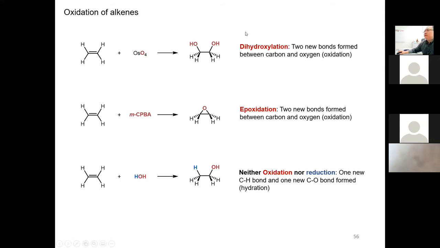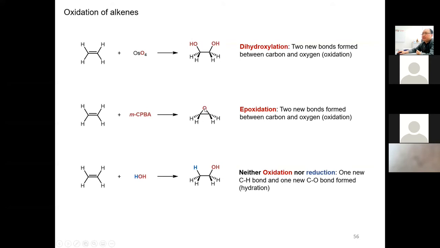If we classify these oxidation reactions, it is different from the reduction because two new bonds are formed between carbon and oxygen, which is more electronegative. So the carbon becomes bonded to a more electronegative atom, and this is oxidation. For epoxidation, it's also two new bonds formed between carbon and oxygen, but what we get is this three-membered ring instead of this open chain product.